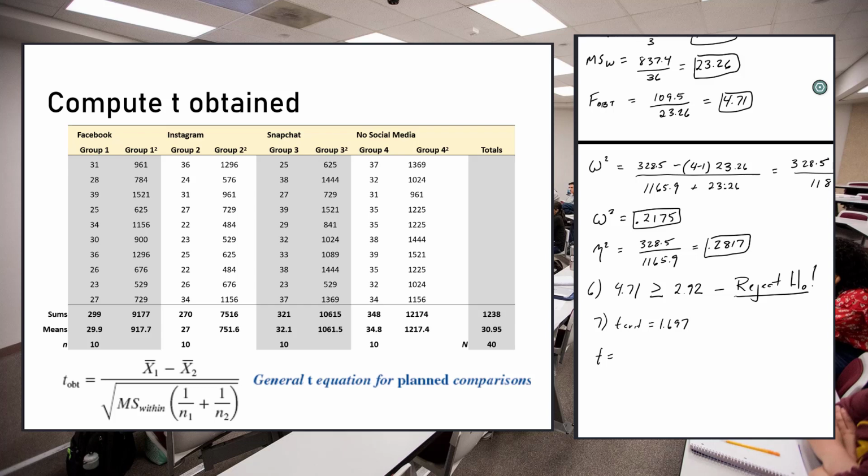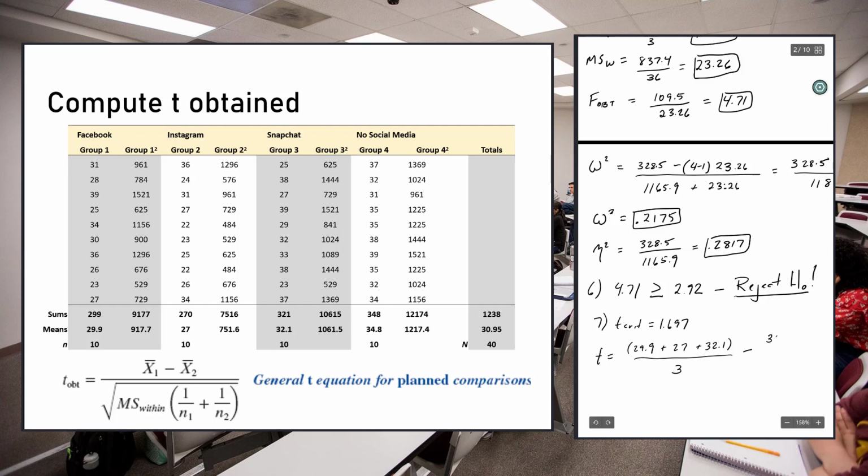So our x bar 1 is going to be the mean of all of the groups who use social media. So it is essentially 29.9 plus 27 plus 32.1 divided by 3 minus the mean of the second group, which is the no social media group.